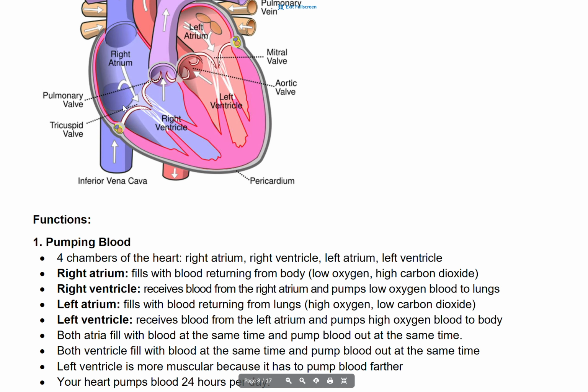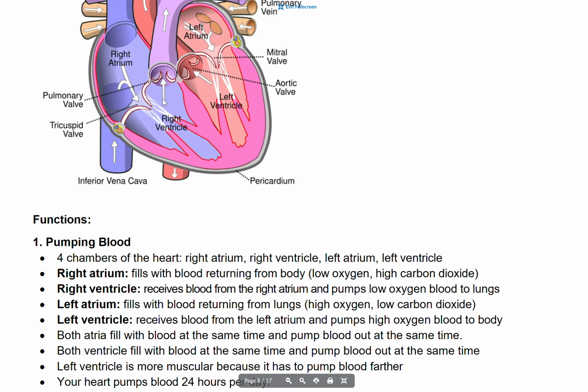And if it tries to go the other way, it's closed. The same thing with the pulmonary valve, right? Your blood can only travel from the ventricle to the pulmonary artery and not backwards. Okay? So three functions of the heart, with pumping the blood being the big one that you want to focus on.